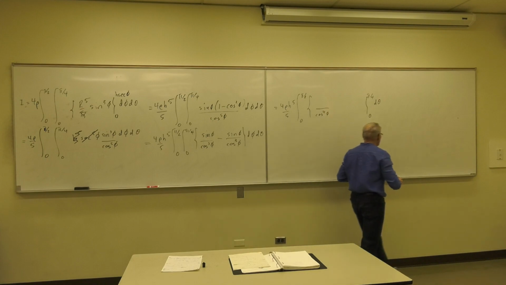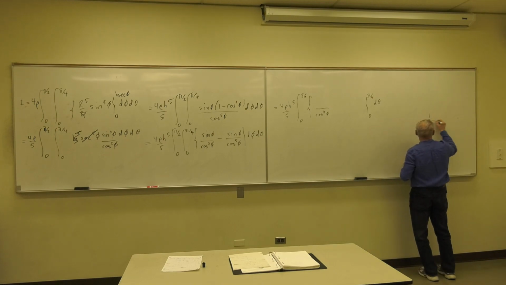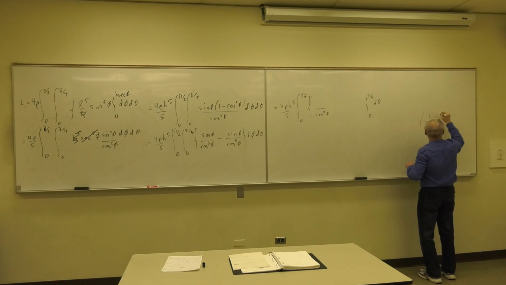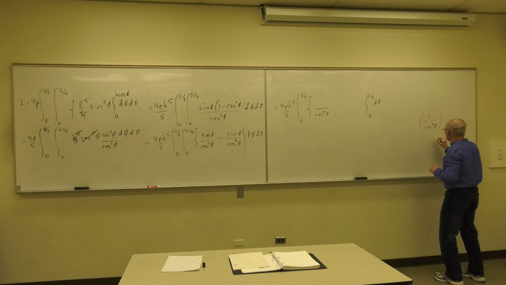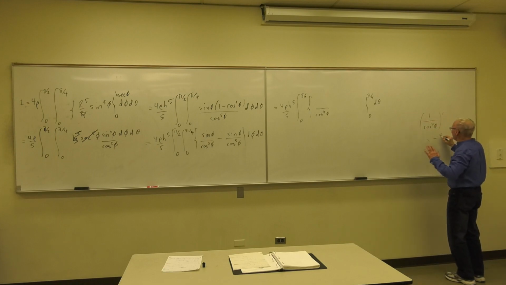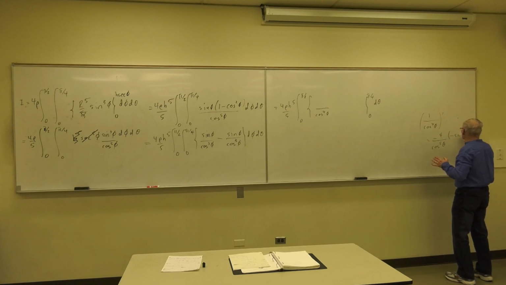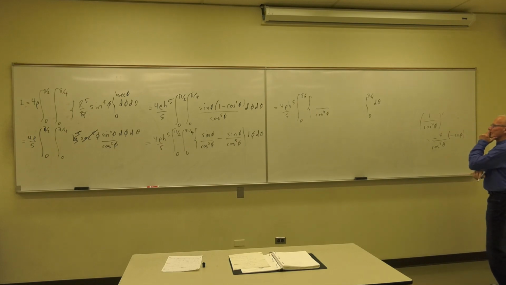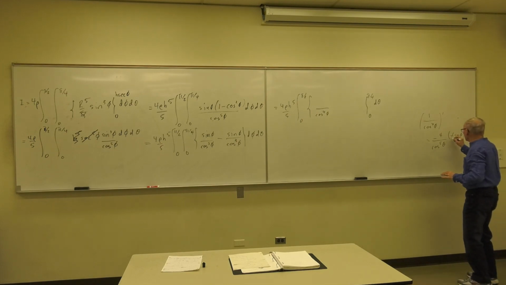Off to the side, if I differentiate 1 over cos to the fourth, my derivative would be minus 4, bring down the power, lower the power by 1, becomes a 5 downstairs, go inside and differentiate and get minus sine. So the two minuses are going to cancel.